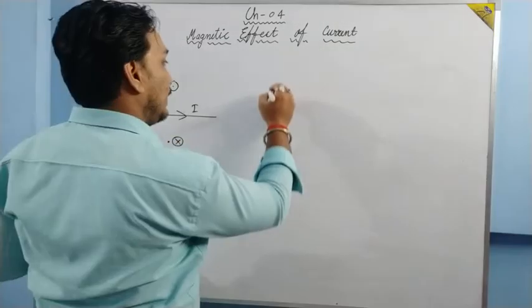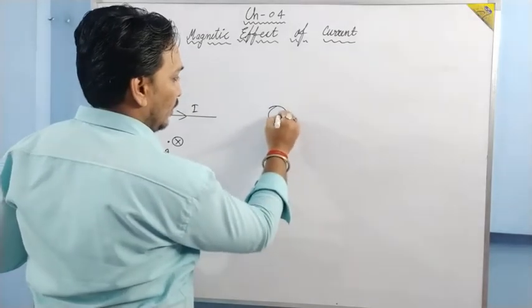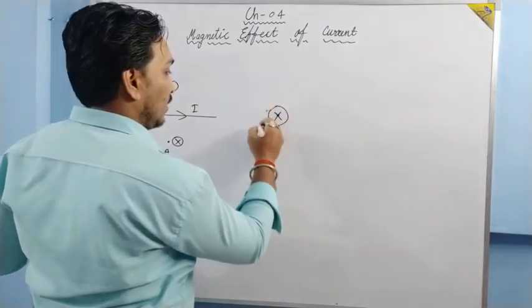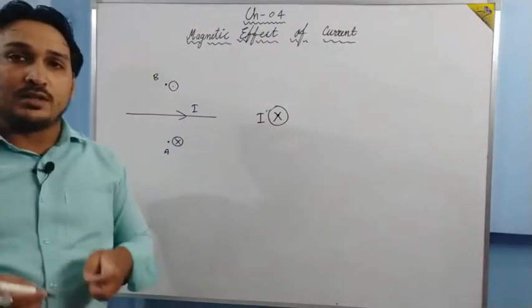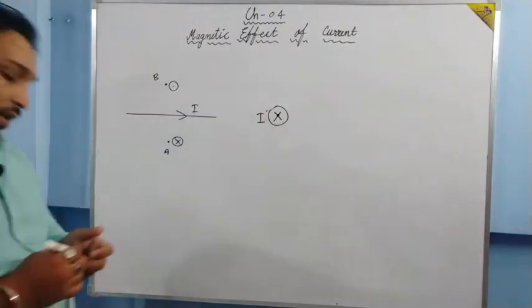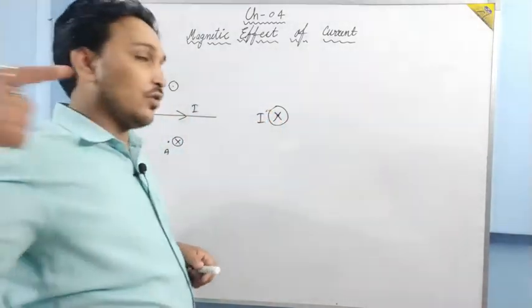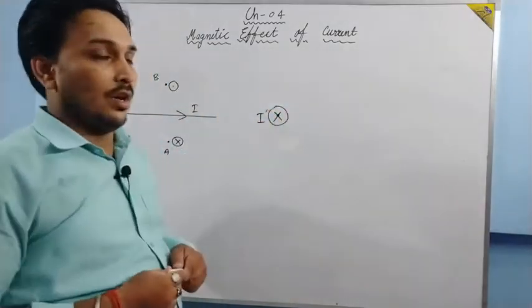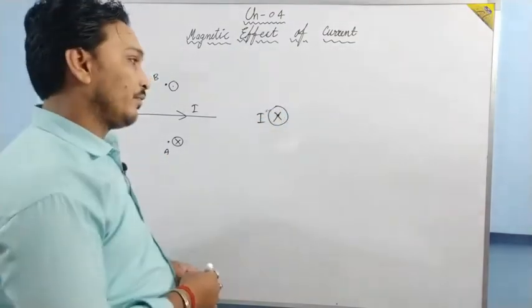Suppose the current is going in this manner. This is your current I. I have made a cross. What does it mean? It means that the current is going perpendicular inward. A wire is there, and through that wire, current is going perpendicular inward.